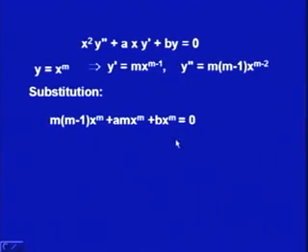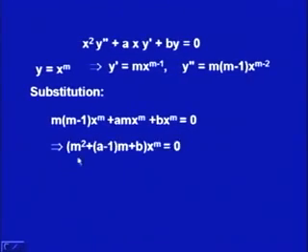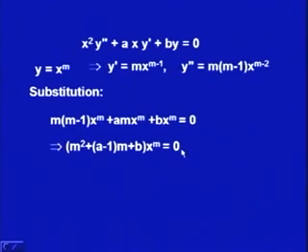Let us rewrite this equation as (m square plus (a minus 1) m plus b) times x to the power m is equal to 0. Now, if x to the power m is a solution of this equation, we want this not to be the trivial solution, that is, it should not be 0 for all x, and if it is a solution it must satisfy this equation, that is, this must be 0.